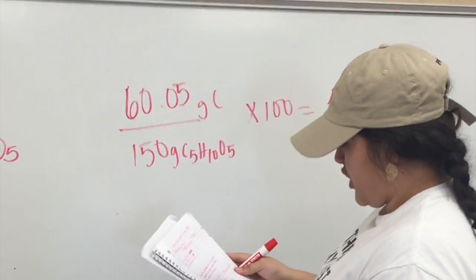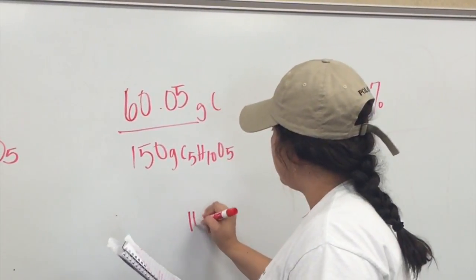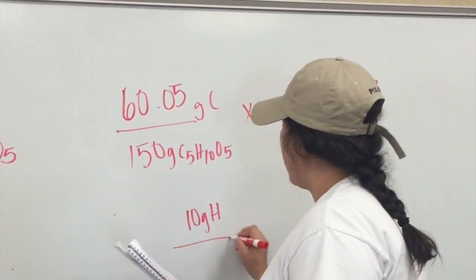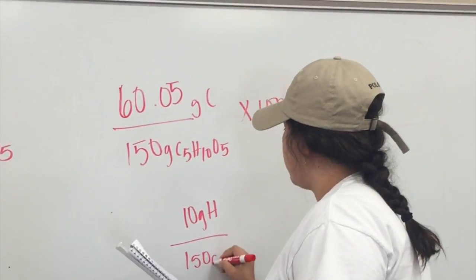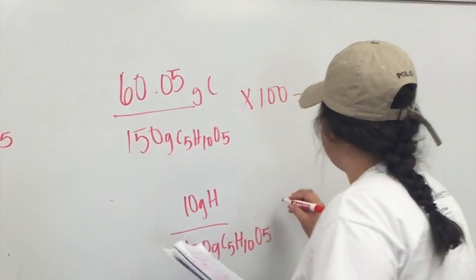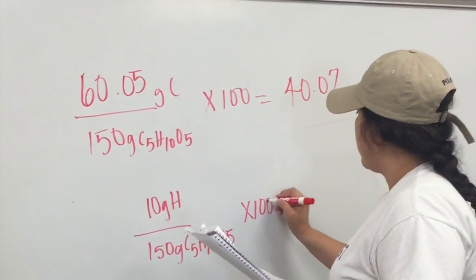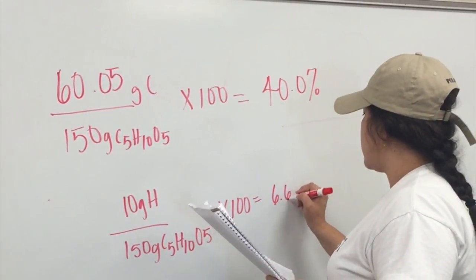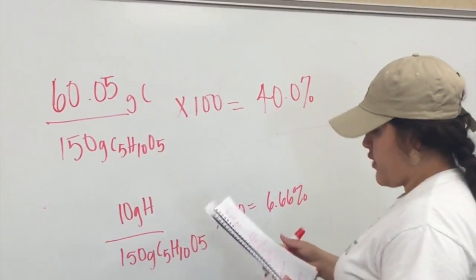For hydrogen, you're going to do 10 grams of hydrogen over 150 grams of C5H10O5 times 100, and that's going to give you 6.66%.